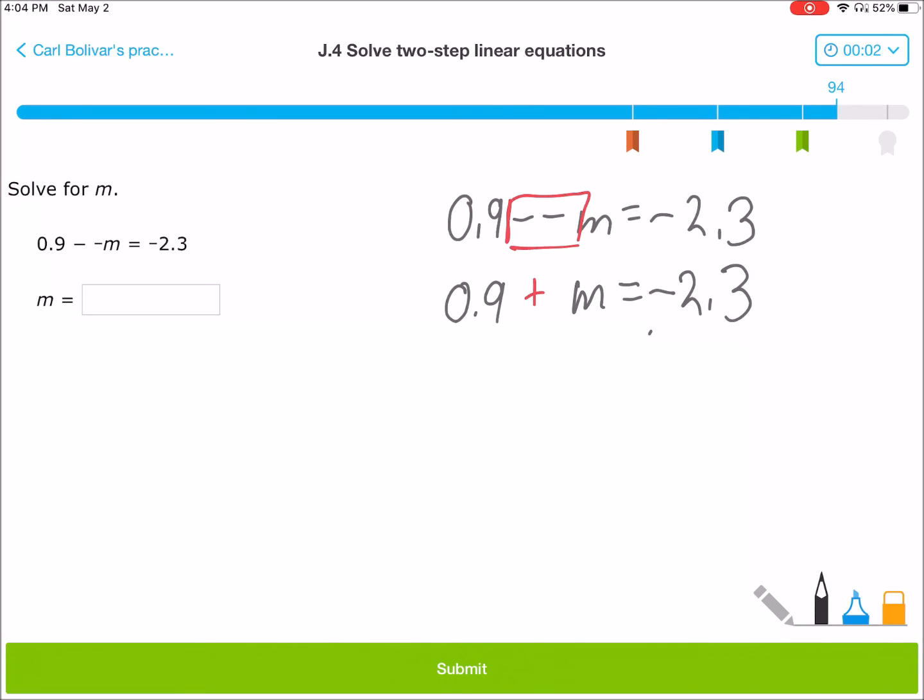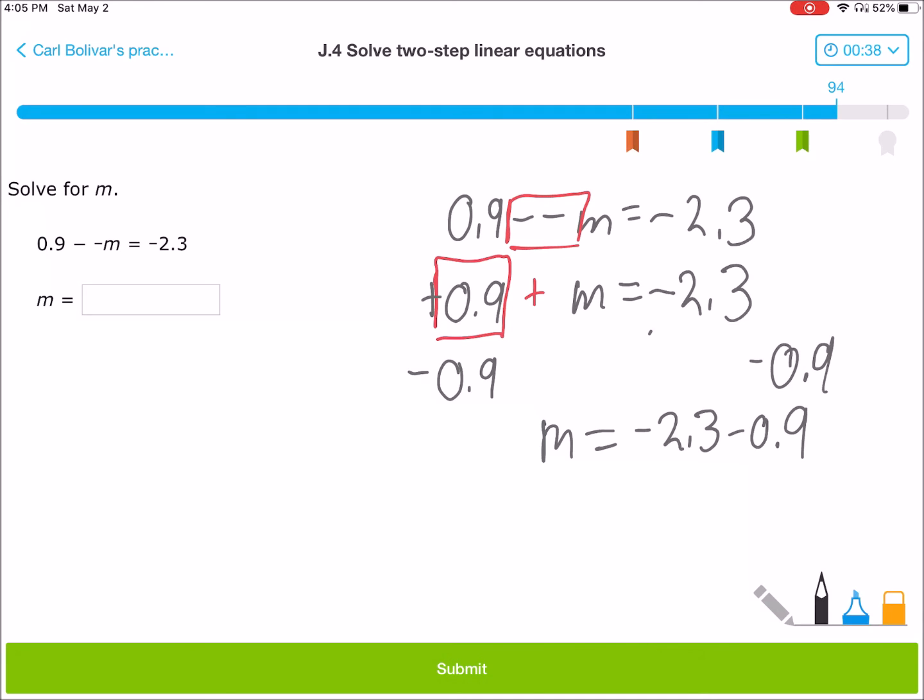Alright? Cool, right? Alright, now we have to take this number and put it to the other side. Okay? So we will subtract 0.9. Since this is a positive 0.9, we will subtract 0.9 on the other side as well to make it equal. So then what we're left with is n is equal to negative 2.3 minus 0.9.